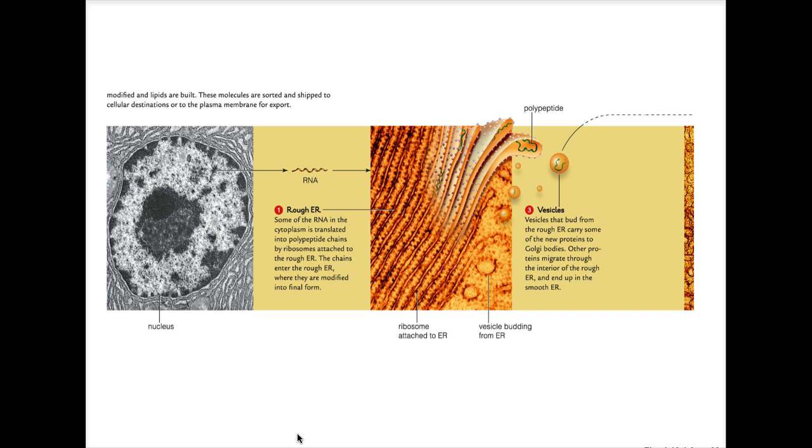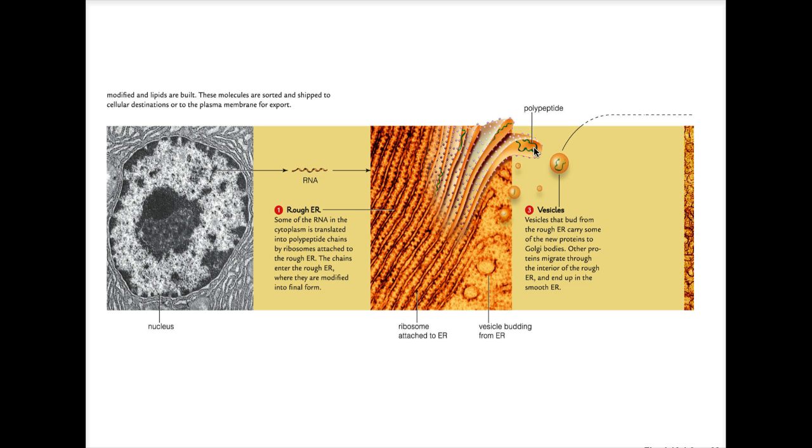So the messenger RNA will be read by the ribosomes and translated into proteins or polypeptides. Once they are produced, as you can see kind of in the middle upper corner right here, you can see this polypeptide being produced from the ribosomes on the endoplasmic reticulum membrane.